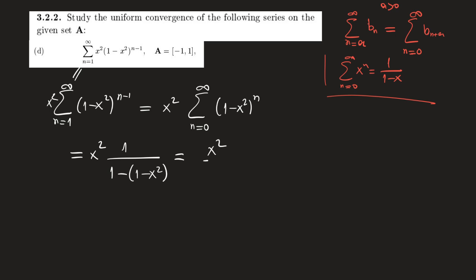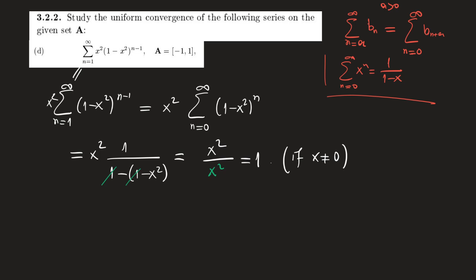X square, you will only have 1 x square below, so it is just 1. But you can do this calculation only if x is not 0, right? You cannot divide 0 by 0. But if x is 0 at the beginning, put 0, and this is 1 to the power something, but this is 0.